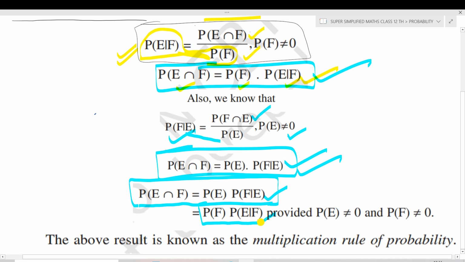Similarly, we have written here P(F) into P(E by F), that means first F occurred, so anyone can occur first, and then the probability of E, but this is the conditional probability given that F has already occurred. So whichever event occurs first becomes the condition for the occurrence of the second event.